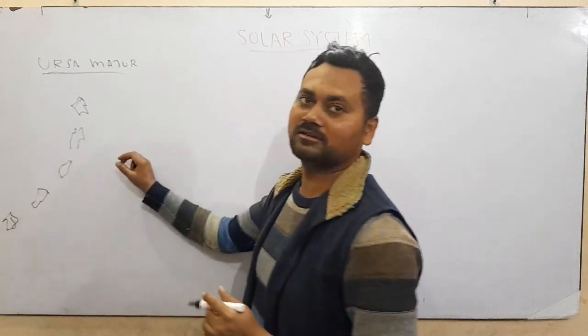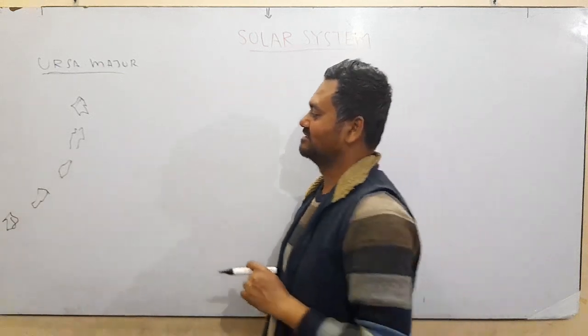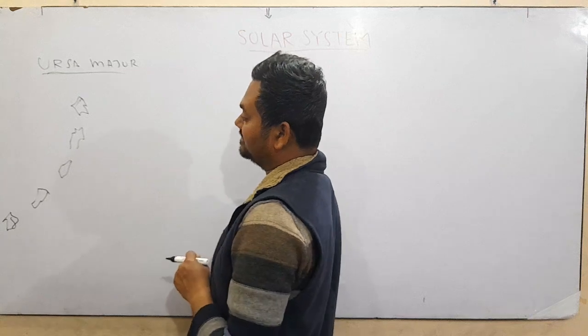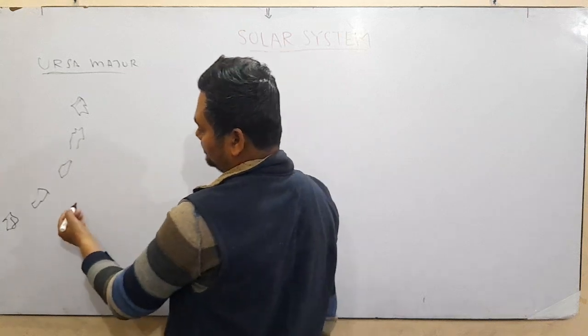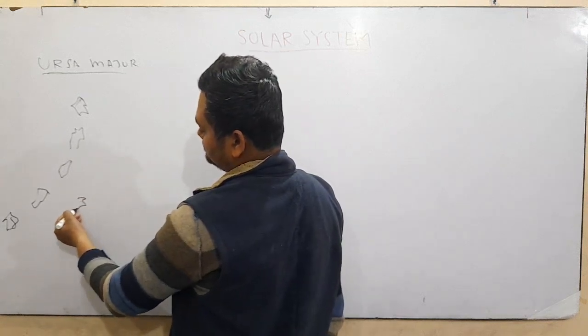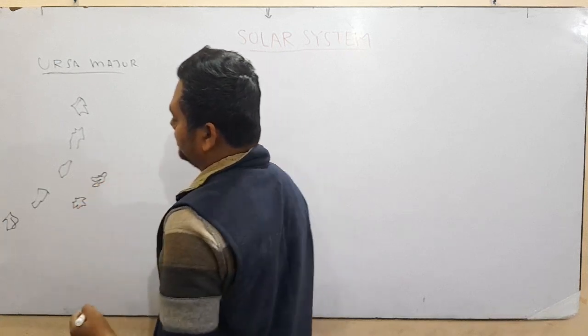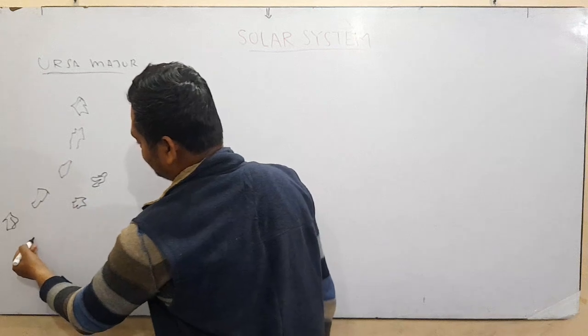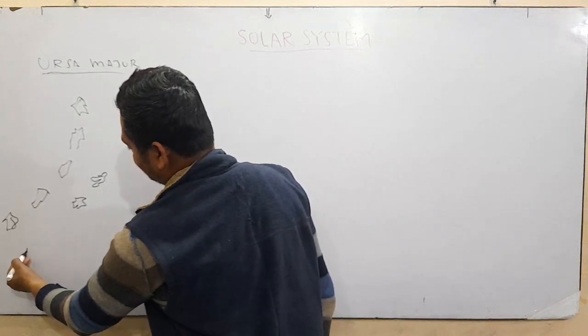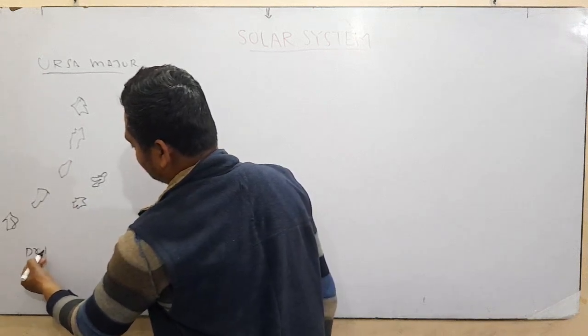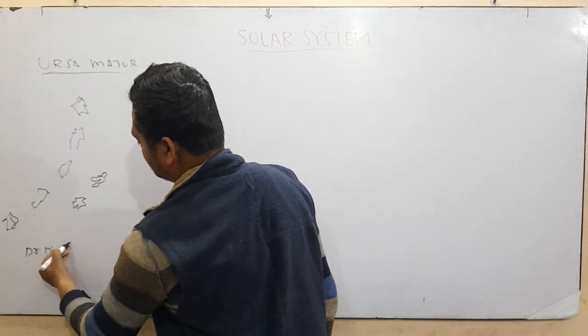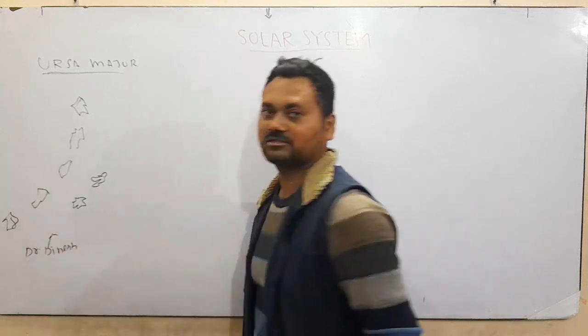I know this is not the correct figure of the star, but I am just mentioning it. And 2 stars will be like this. And you are standing here. Your name is Dr. Dinesh, standing here, looking in this direction.